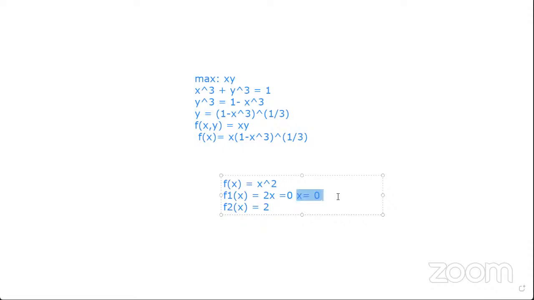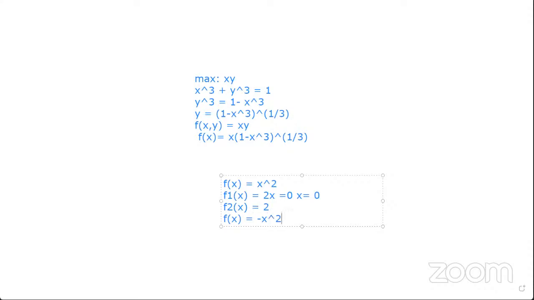So at x equals 0, you'll be getting the minimum. The minimum value possible for the x square function is at x equals 0. But that we already know, right? X square is always going to be positive, and the least value possible for x square is 0. But let's say I have f of x equals minus x square.